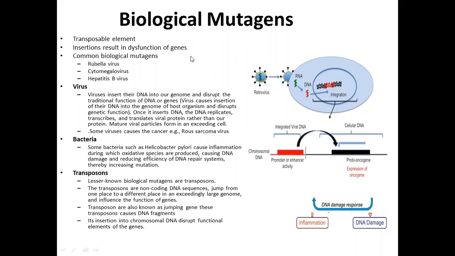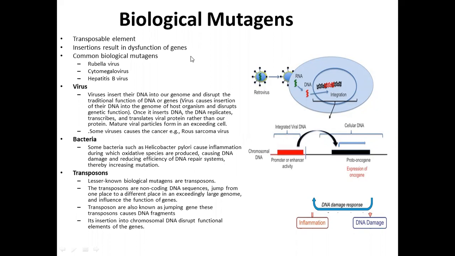And then we have bacteria, for example Helicobacter pylori. These bacteria cause inflammation, during which oxidative species are produced. These cause damage to the DNA and also reduce the efficiency of the DNA repair system, and hence increase mutation.